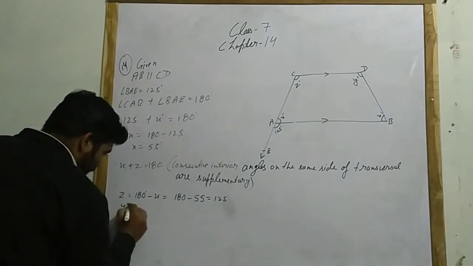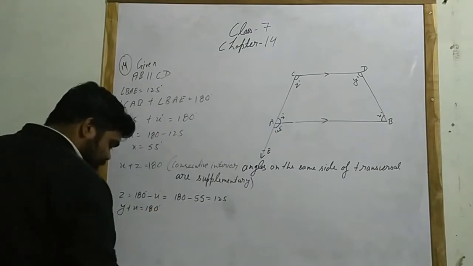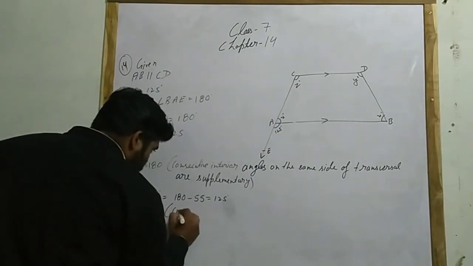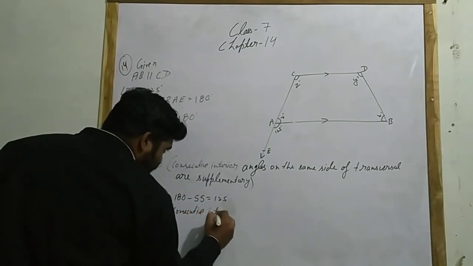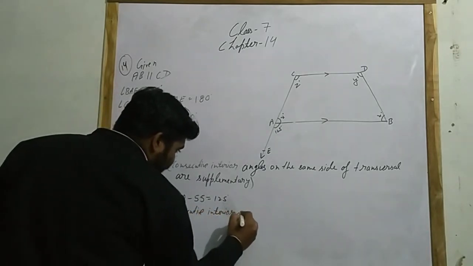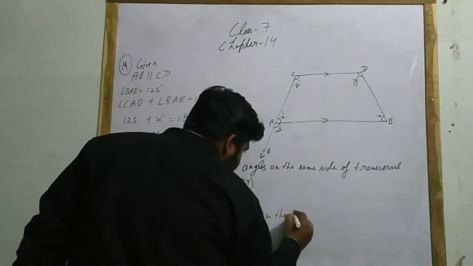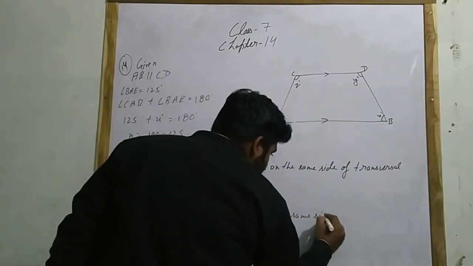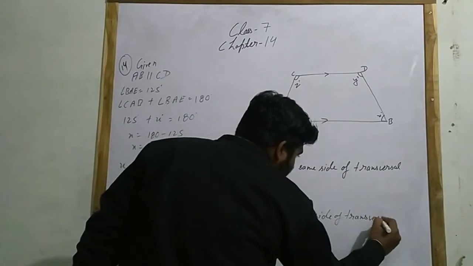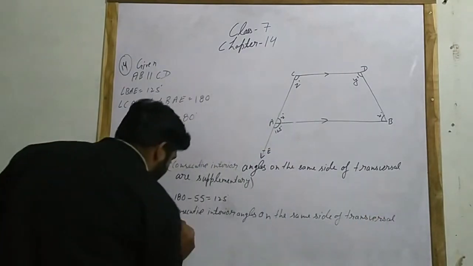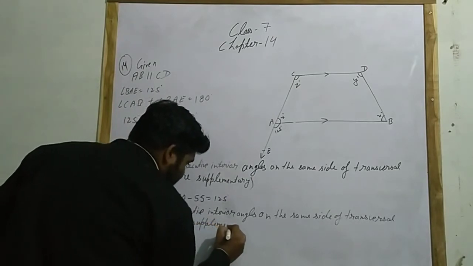Now y plus x equals 180 degrees. Similarly, you have to write here: consecutive interior angles on the same side of the transversal are supplementary.